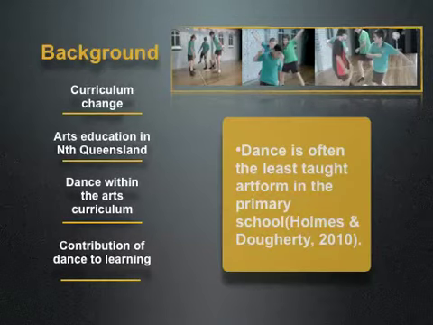Dance within a national arts curriculum, which consists of dance, drama, media, music and visual arts, is often the least taught of all the art forms in the primary school for a number of reasons.